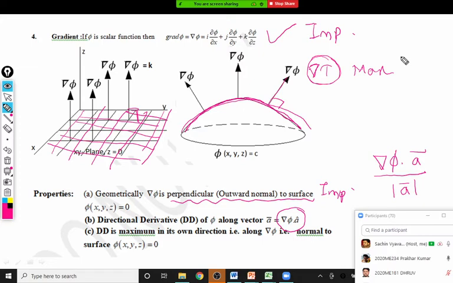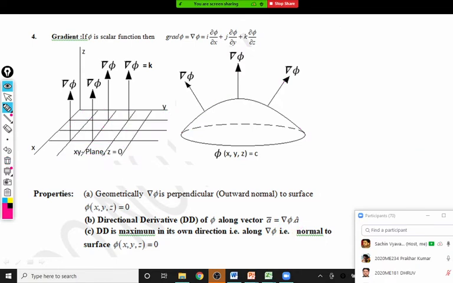Can you explain some GeoGebra, for example? No, on GeoGebra you have only the surface shown like this. When I plot the surface, GeoGebra will show this surface only, nothing else. Actually, why is the name gradient given?